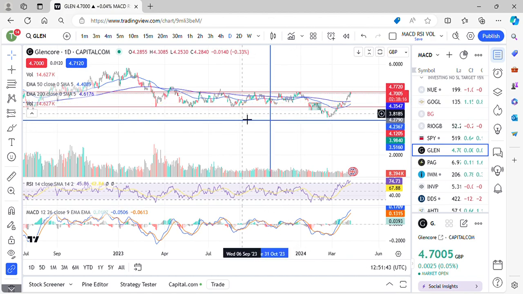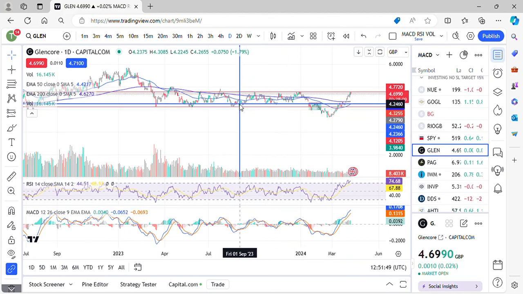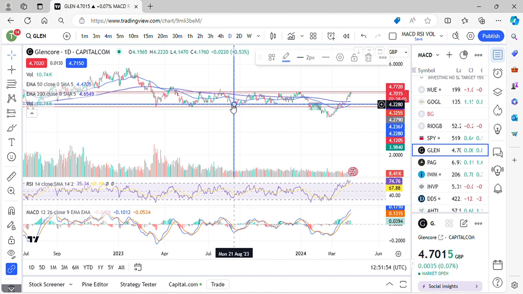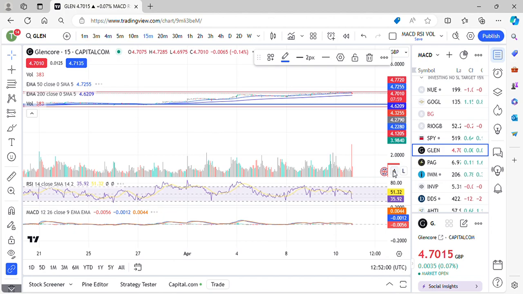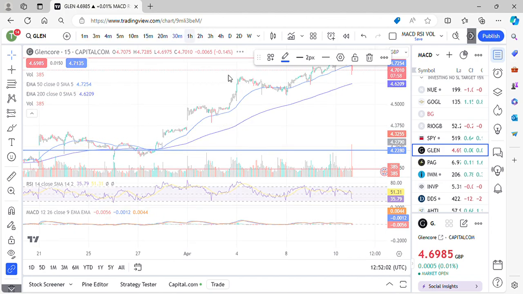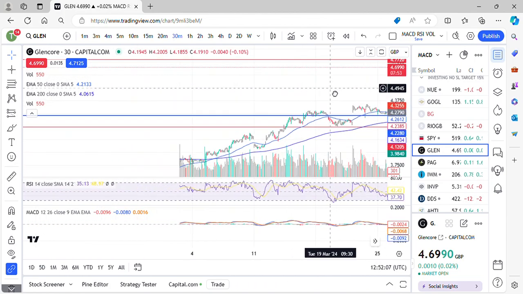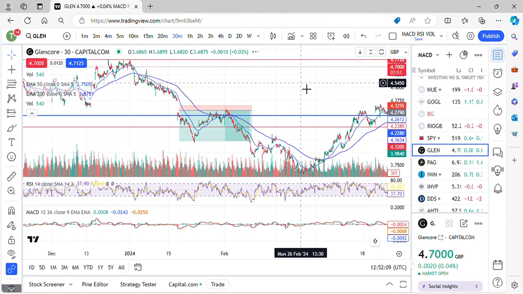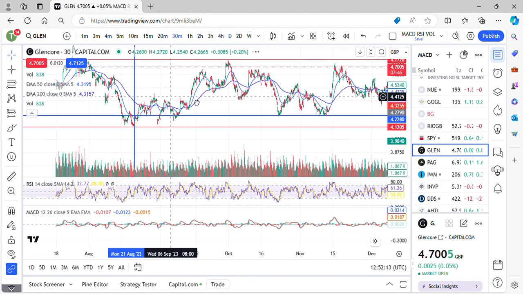So right now on the daily time frame I'm interested in the red support or resistance areas. When the price comes here, it's just come down to the higher time frame support area. So then if we go to the 15-minute time frame or the 30-minute, which might be easier to look at, where is my cross? Here it is.